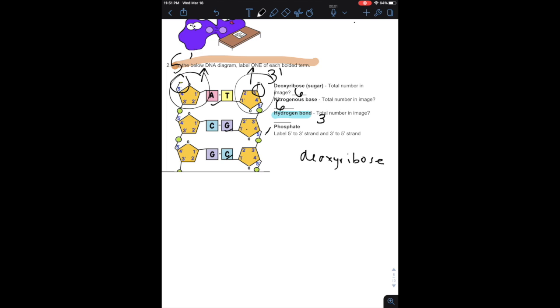This one would be 3'. And that means that this strand, this side would be 3'. This side would be 5'. So the strands should be numbered 5' to 3', 3' to 5'.